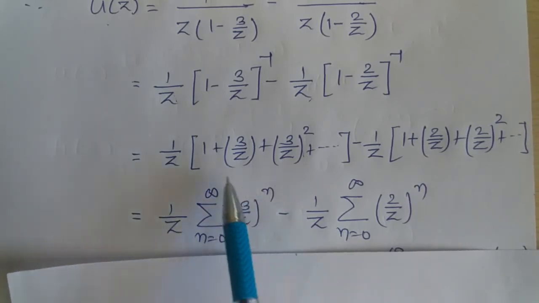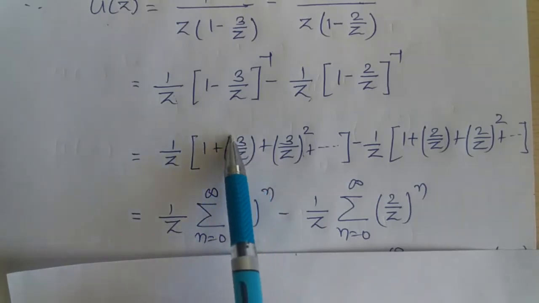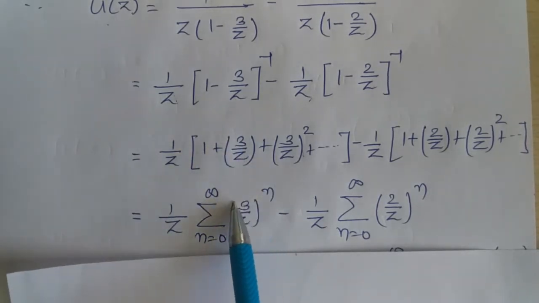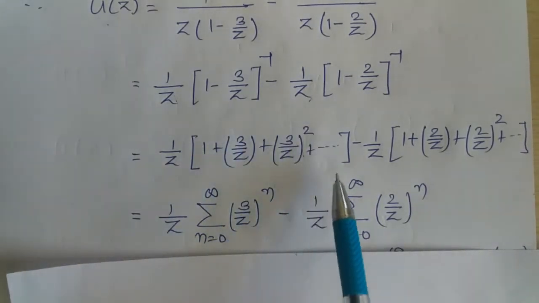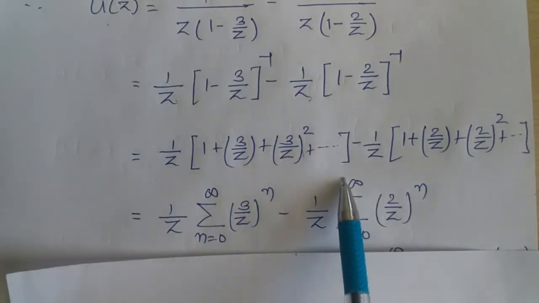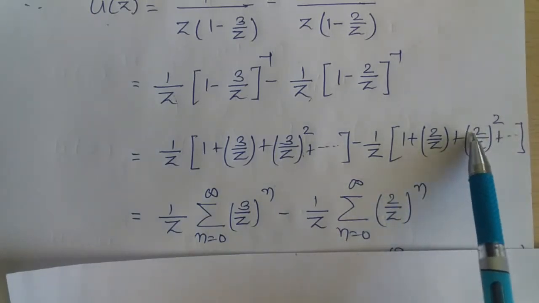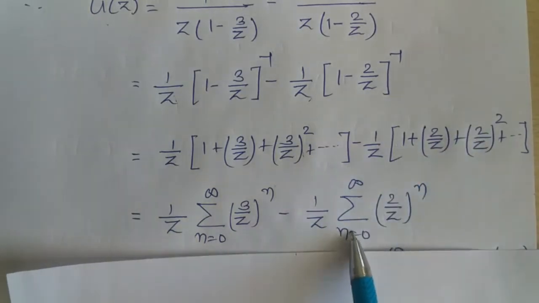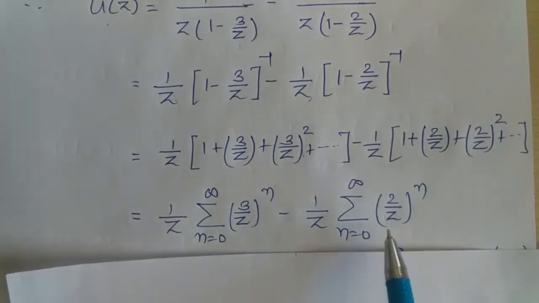For n equal to 0 we get 1, for n equal to 1 we get 3 by z, for n equal to 2 we get 3 by z square, and here minus 1 upon z into summation n goes from 0 to infinite, 2 by z whole power n. For n equal to 0 we get 1, for n equal to 1 we get 2 by z, for n equal to 2 we get 2 by z square, and so on.